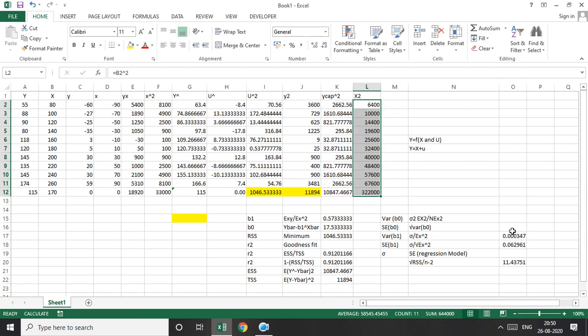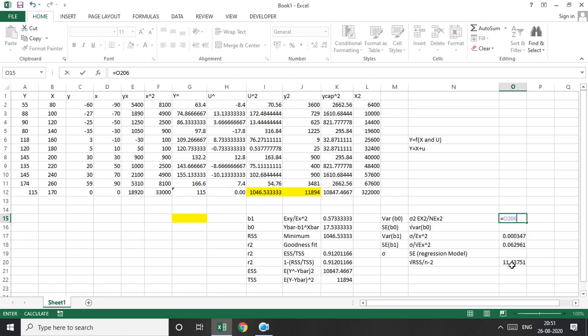So we take small sigma squared into sigma of capital X squared. There's a mistake, wait. Yes, it's equal to this square, 130, so 130 into sigma X squared.